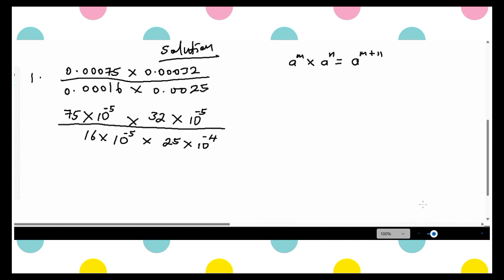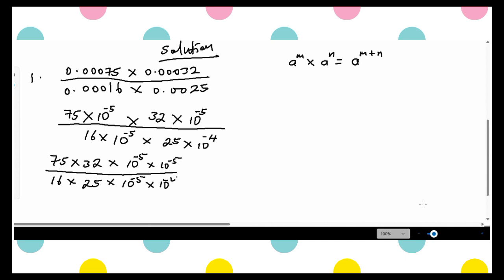Okay, so because of this rule, we can write this as 75 times 32 times 10 raised to the power minus 5 times 10 raised to the power minus 5 all over 16 times 25 times 10 raised to the power minus 5, then times 10 raised to the power minus 4.